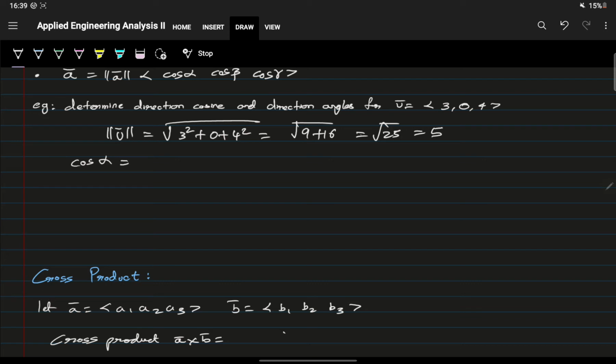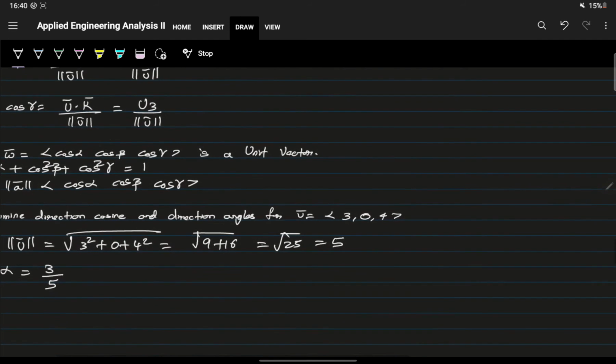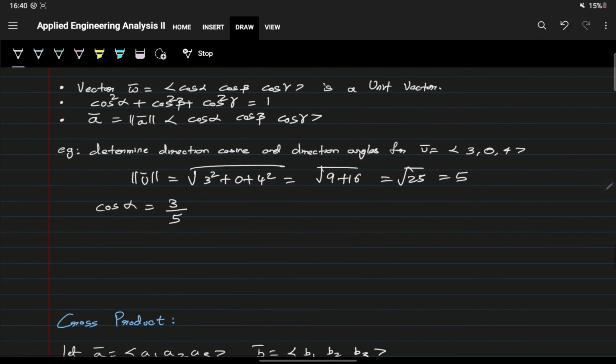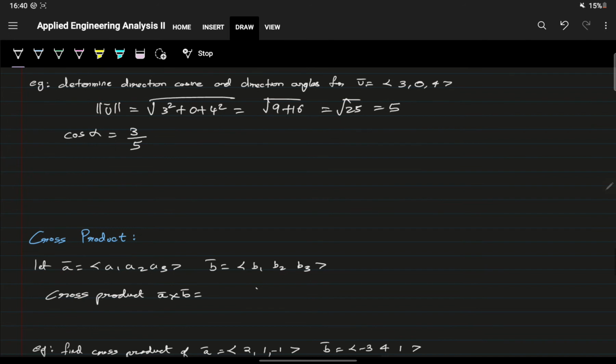The first component of u is 3 with a magnitude 5. And cos beta is 0 by 5. Cos gamma is 4 by 5. These are the direction cosines, and the direction angles are provided by alpha equals inverse cosine of 3 by 5.